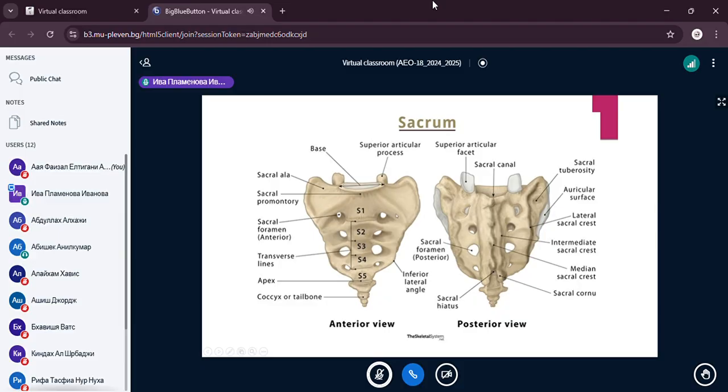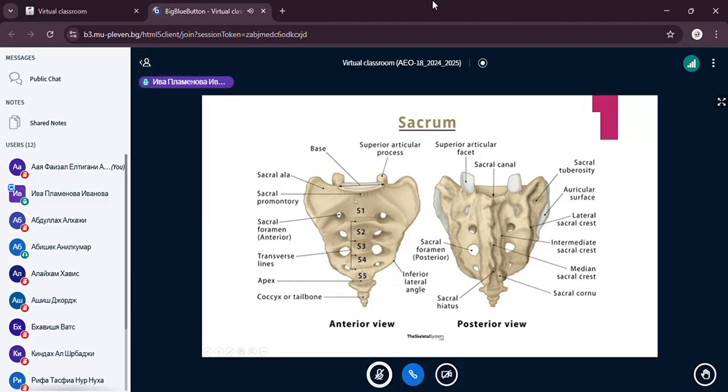What else? Here we can see transverse lines between S1, S2, S3, S4. Those are the places of the fusion of these vertebrae.